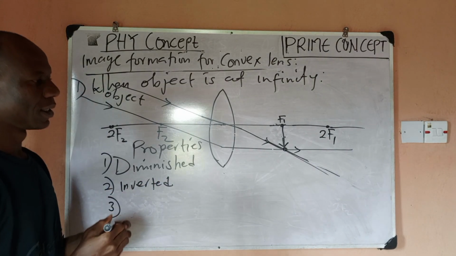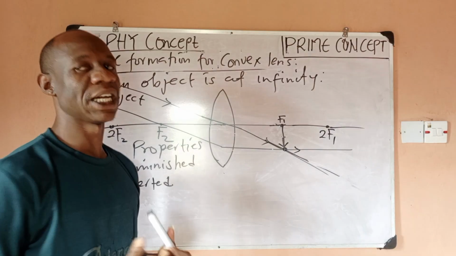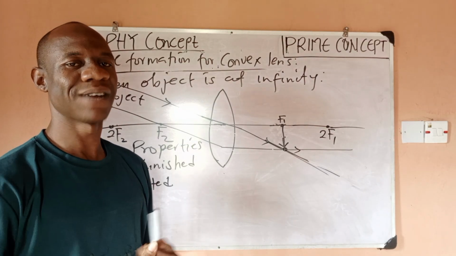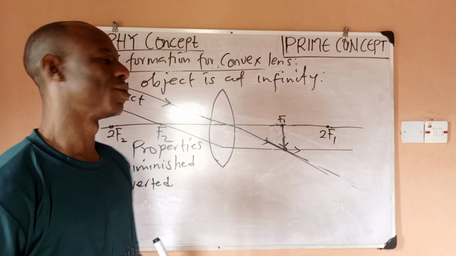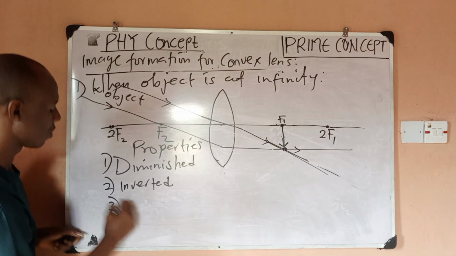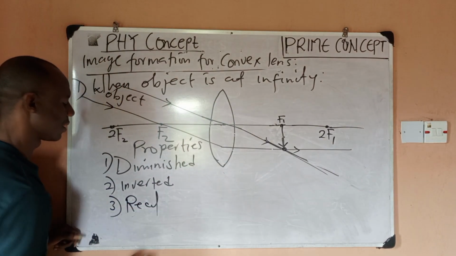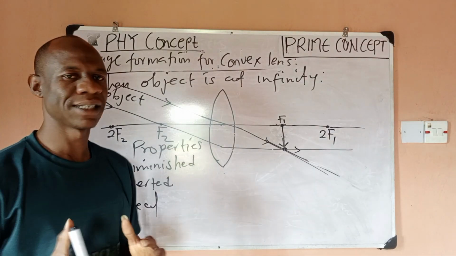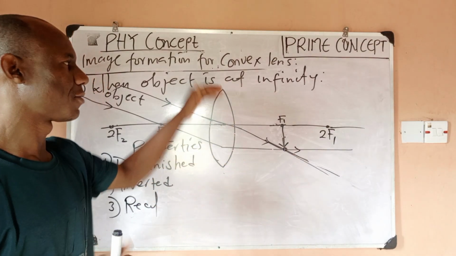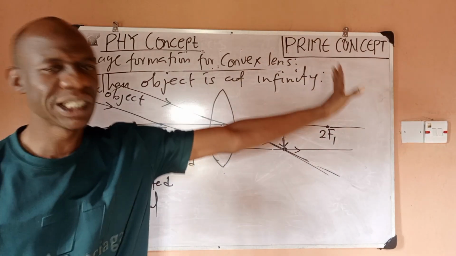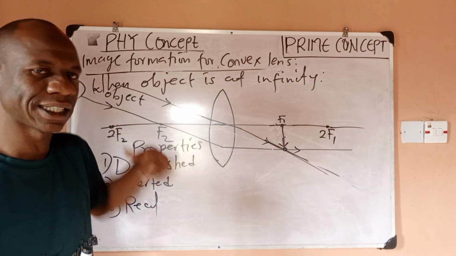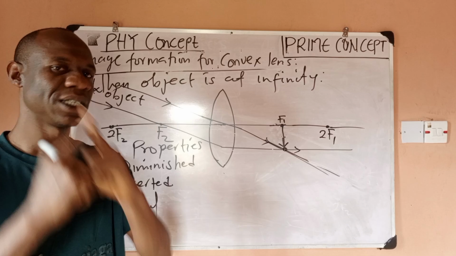Number 3 is that, of course, we established in our mirror studies that when you have an inverted image, you expect that that image should be what? Real. So our image is what? Real, right? So you should know now, as a matter of consideration, that for lenses, when your image is formed on the opposite side of your object, it simply means that your image is real.